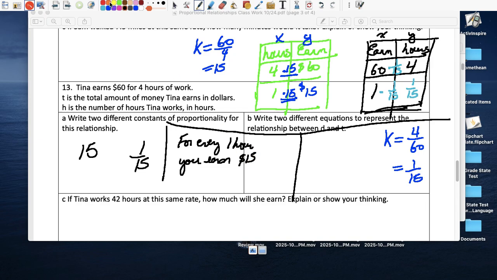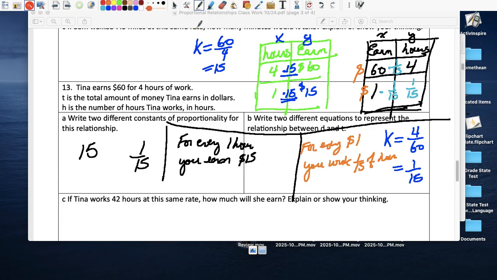The other one says for every $1 that you earn, you work for 1/15 of an hour. Not an hour, not a complete hour, 1/15 of an hour. Okay, so see how the statements are a little bit different.